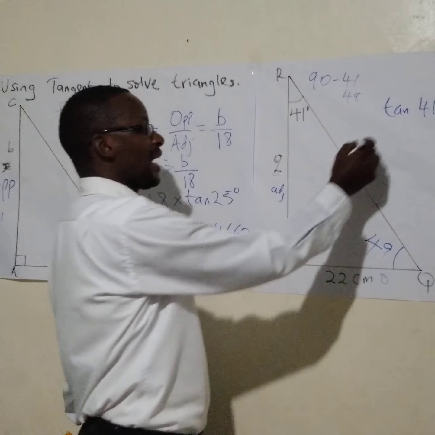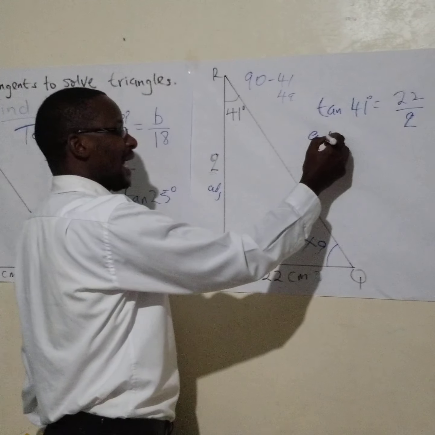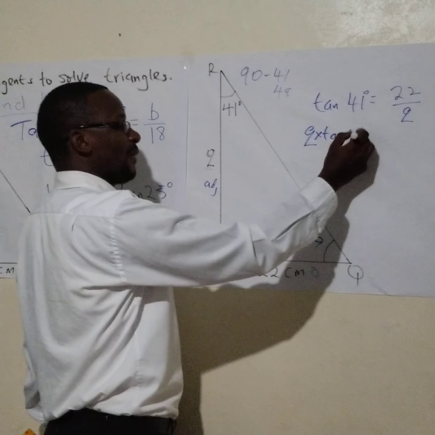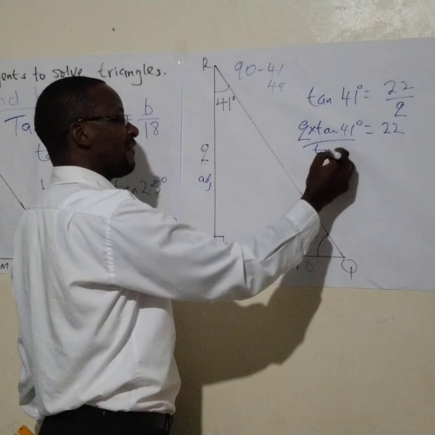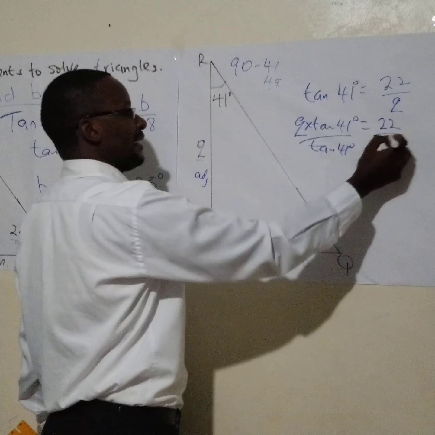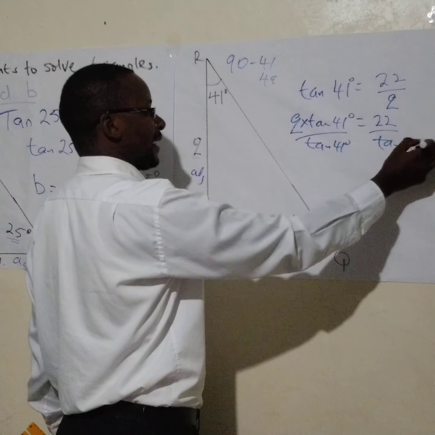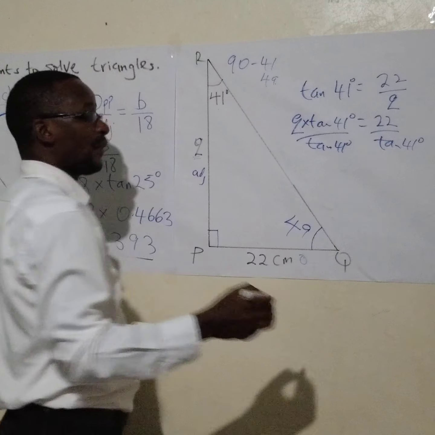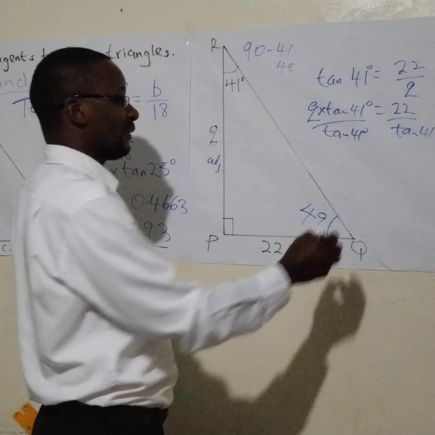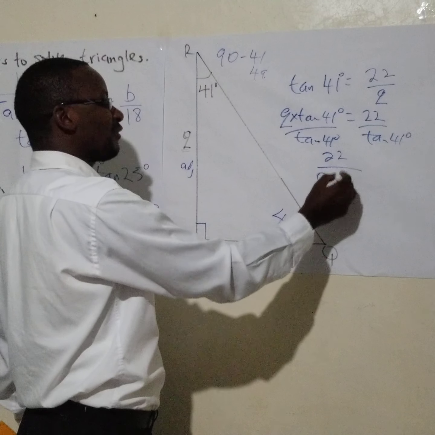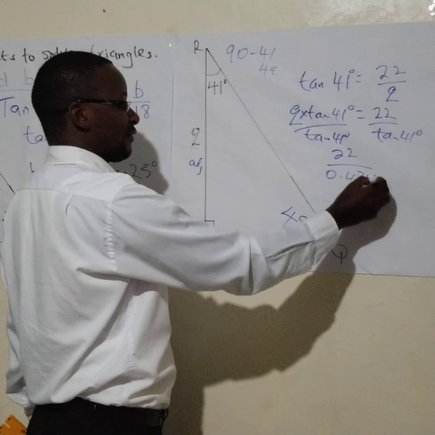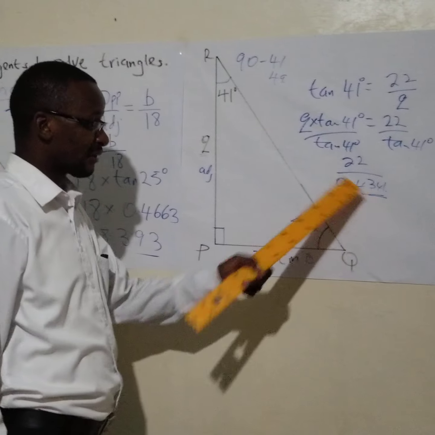When you cross multiply, you get q times tan 41 is equal to 22. To get q, you divide by tan 41. So when you go to the mathematical table and get tan 41, you will do 22 over tan 41.